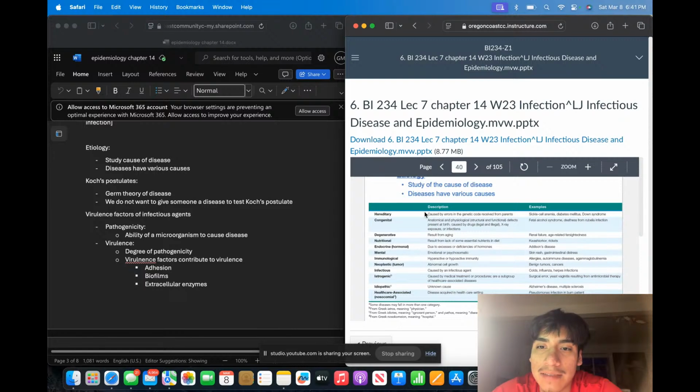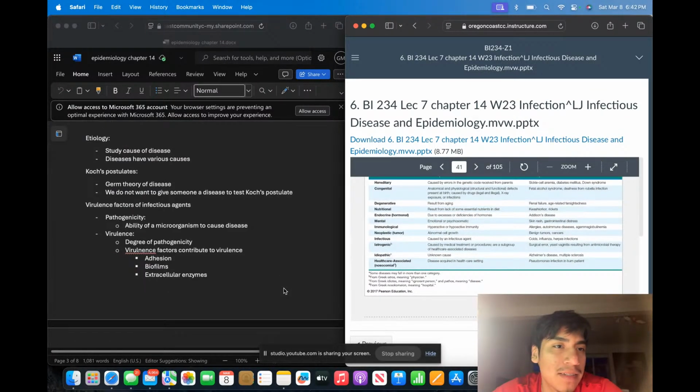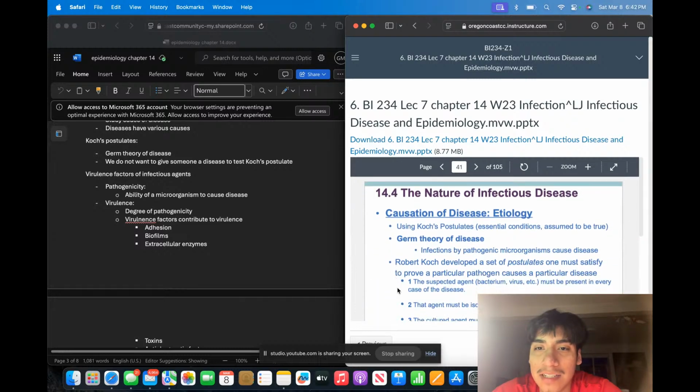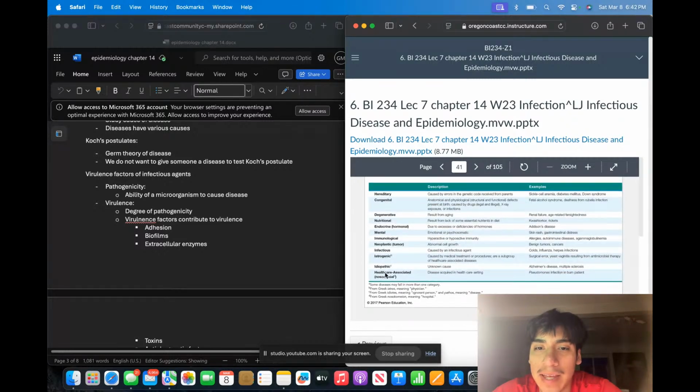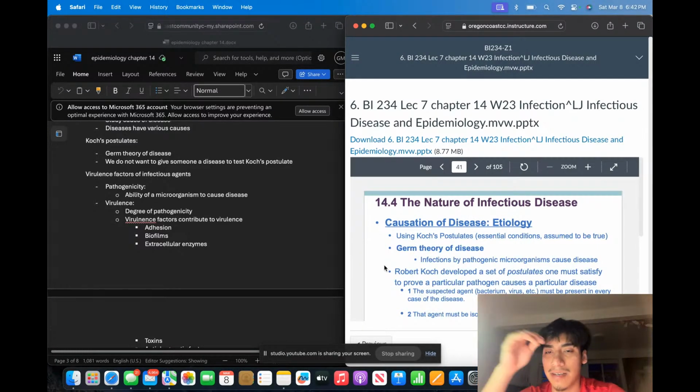Congenital, anatomical and physiological defects present at birth. Caused by drugs, infection, or X-ray exposure. I don't think we need to know that just because he didn't really go over it. Causation of disease, I think he might throw in idiopathic because that's the only word in that whole list that he pointed out. So that one's easy to remember just because idiopathic is such a striking word.